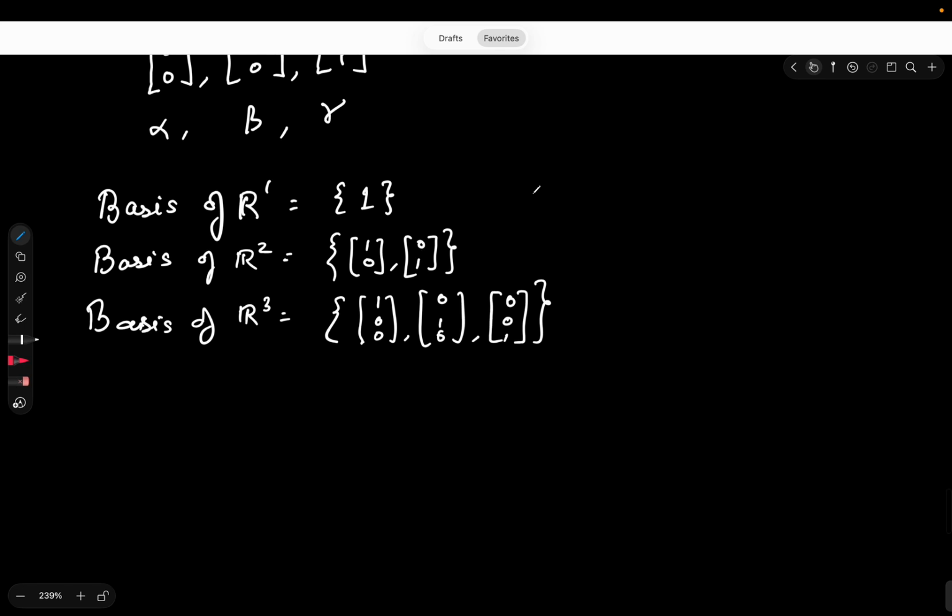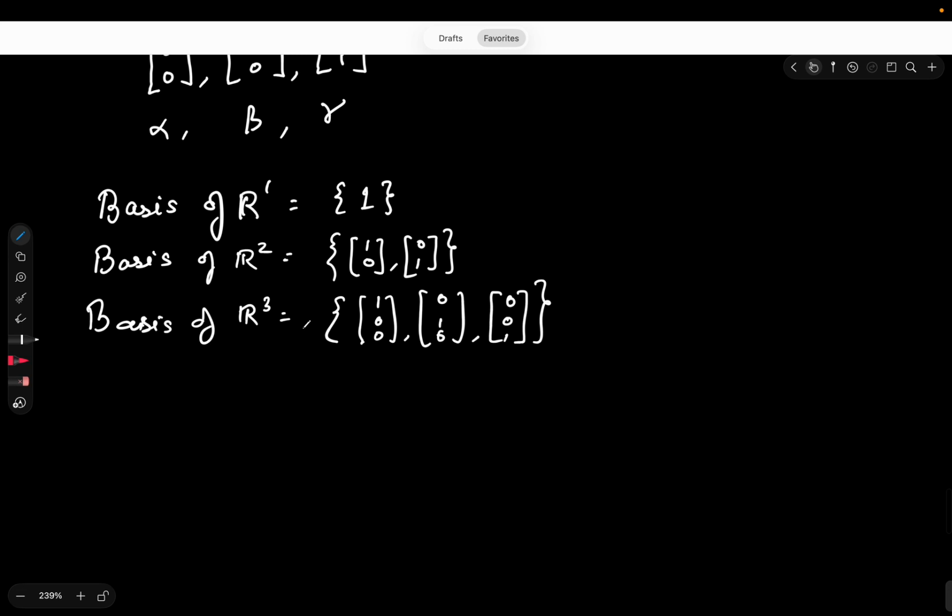The basis of a vector space is the minimum set of vectors we can take to have the entire vector space by just performing some operations on them. Now if you look carefully, for R1 the number of terms in the basis is 1. For the basis of R2 the number of terms is 2.